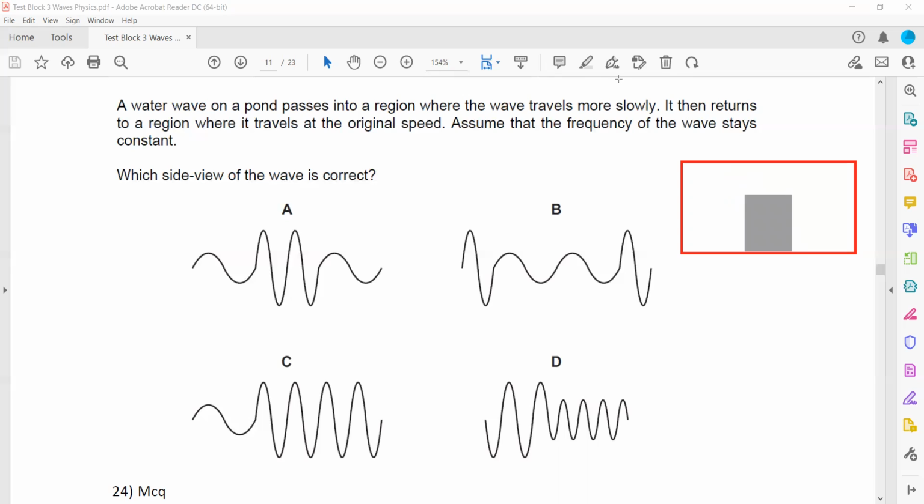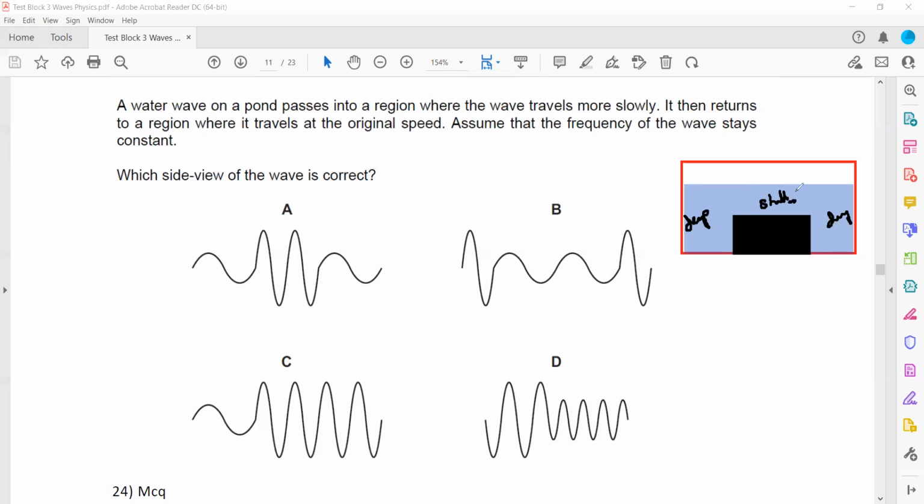Why? Because they mentioned the wave is passing into a region where it travels slower. So on one side we have a deep region, then a shallow region, and then they mention it returns to a region where it travels with the original speed.